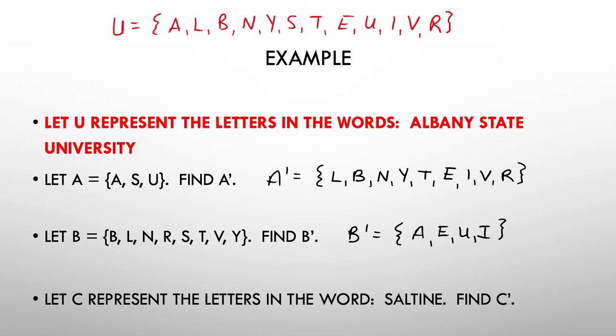So again, I'm going to cross them off as I go. So saltine starts with the S. The next letter is A. Then we have L, T, I, N, E. And our complement then would be anything that's left. So our complement is going to have the letter B, and Y, and U, V, and R. And so those 5 letters would make up the complement of set C.